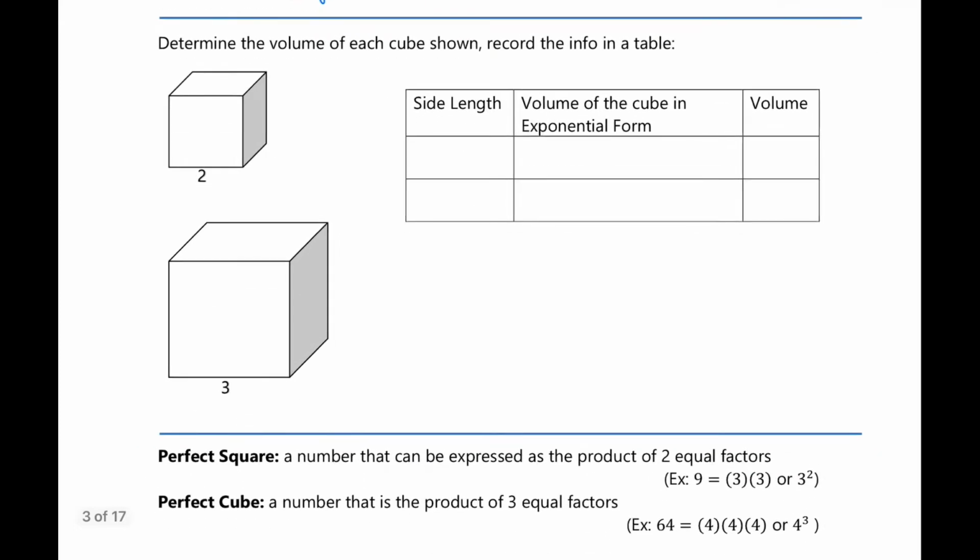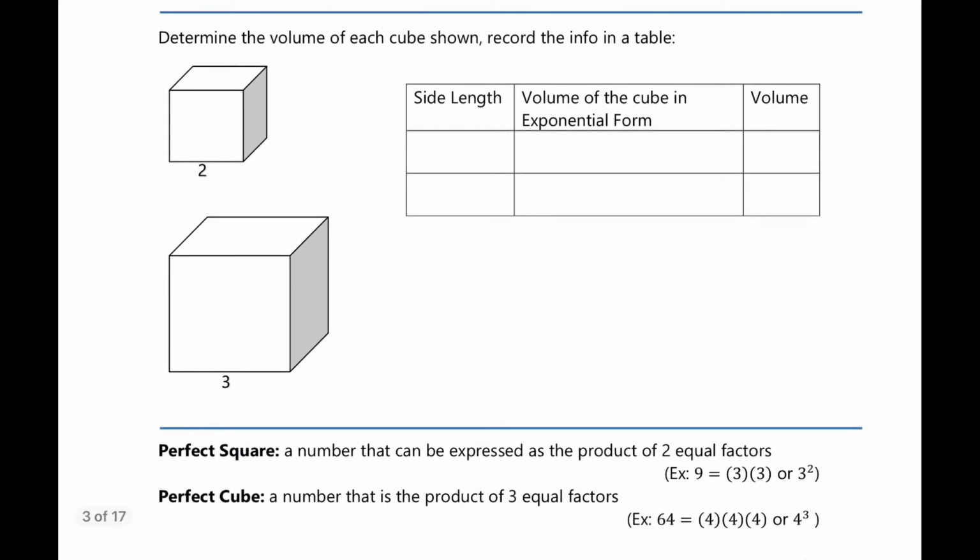Moving on to the bottom half. Determine the volume of each cube shown. Record the info in a table. So the definition of a cube is that it's a 3D figure with equal side lengths.